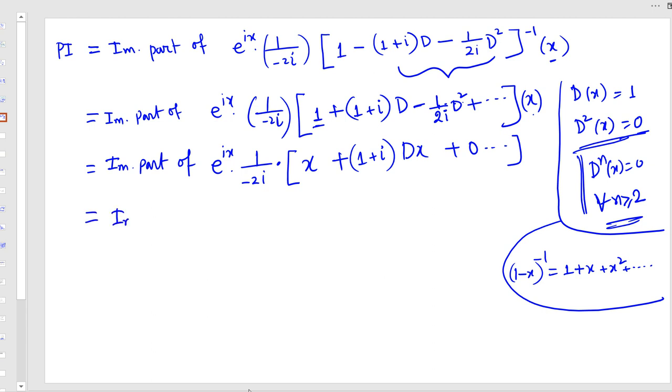So this is becoming the imaginary part of e to the power ix into 1 by 2I, and this is 1 by minus 2I. This is x plus, so here it will be 1. So this is nothing but 1 plus dx is 1, so y, and everything becomes 0.